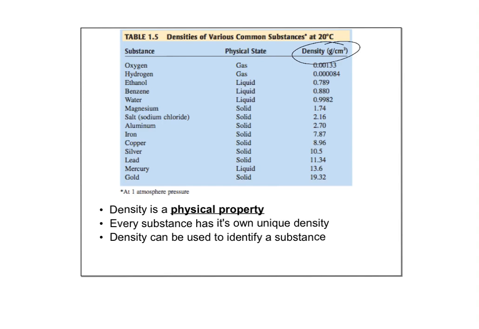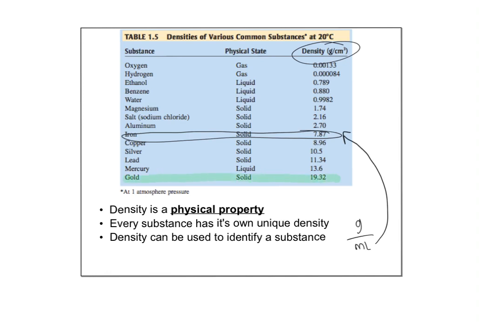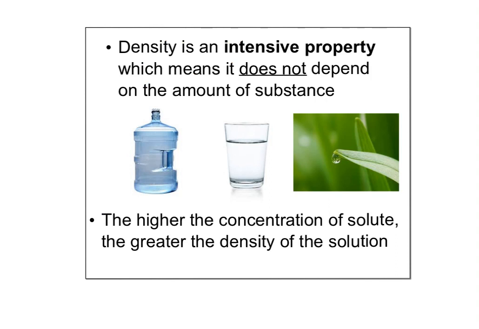So let's say I have an unknown substance, I measure the mass of it, I measure the volume of it, I can then match the result of that division and say, oh wow, that's iron based off the density. Let's find our pure gold here on the bottom. It's 19.32.